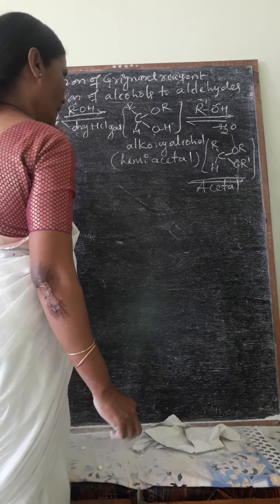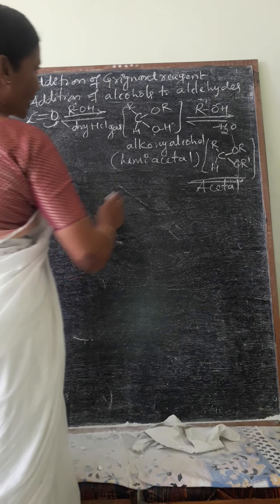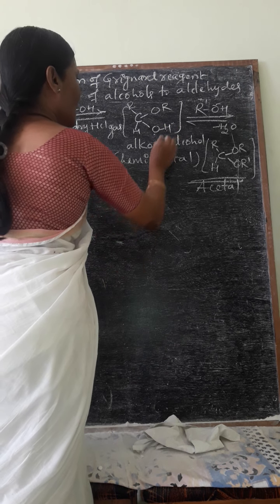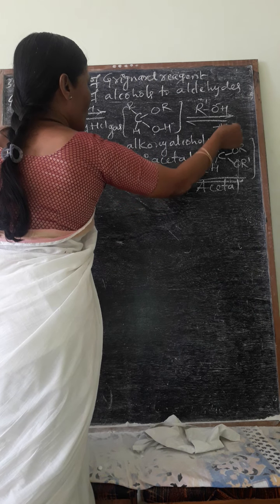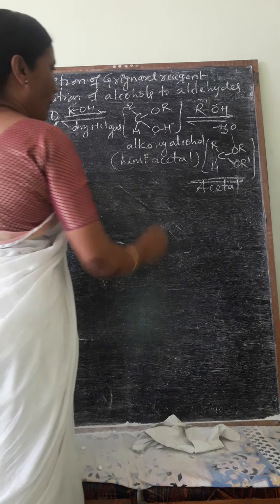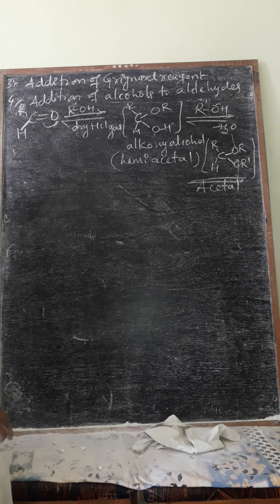In a similar way, one more monohydric alcohol is added. It is H plus OH minus, elimination of water, R plus is on O minus, therefore the product is finally acetal. Okay.